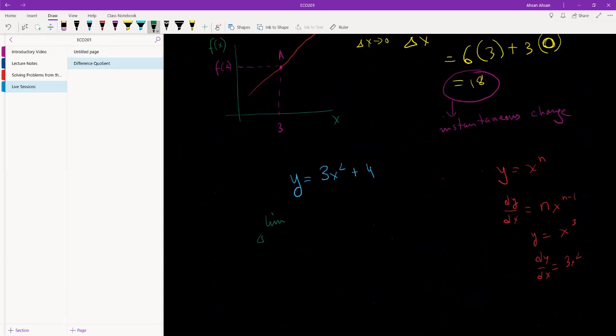so limit change in x approaching 0, change in y divided by change in x, what we are going to get is, suppose we're moving from x0 to x1.